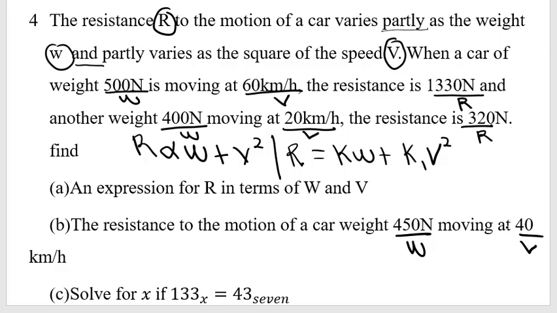And that is what the question wants us to do. So we are going to substitute the 450 representing the W and 40 representing V into this relation connecting R, W, and V.